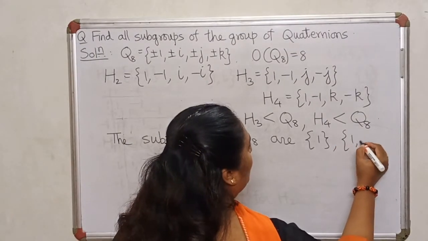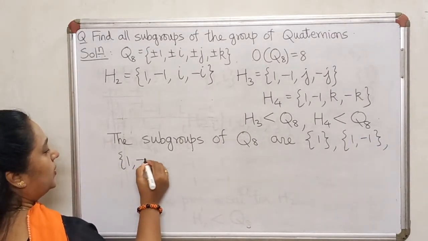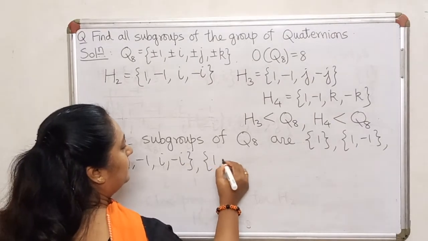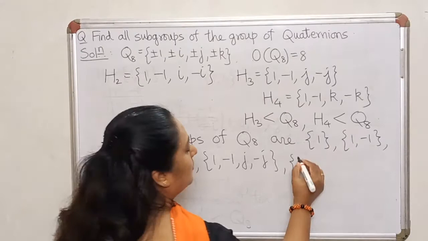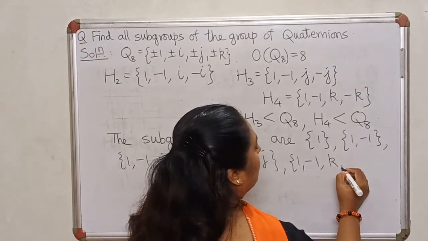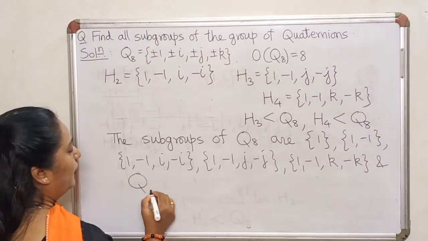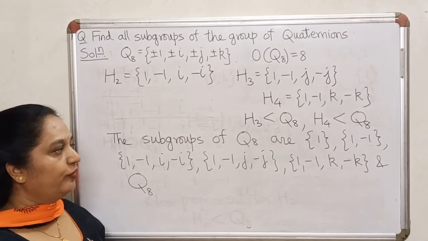Then we have subgroup of order 2. Then we got 3 subgroups of order 4. And finally, subgroup of order 8. So these are all possible subgroups of the group of quaternions.